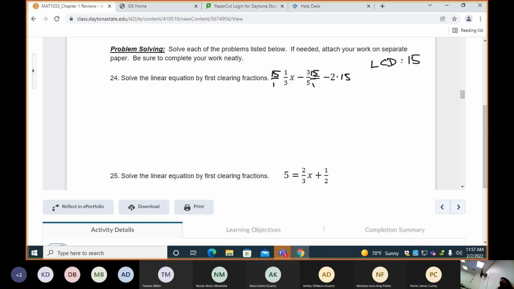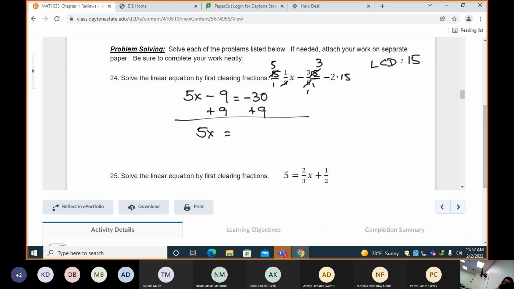The reason we do this is to clear the denominator. 3 goes into 15 5 times, so that leaves me with 5x minus what? 5 goes into 15 3 times, minus 9, 3 times 3, don't forget that, equals -30. Okay, we're going to add 9.